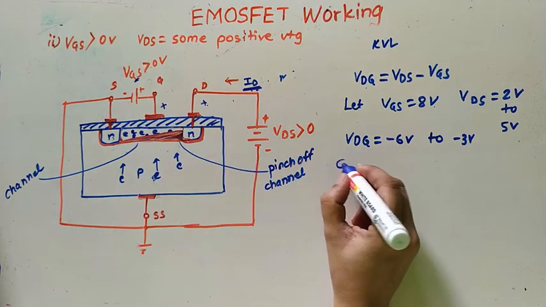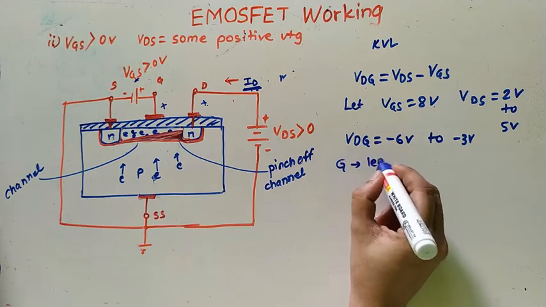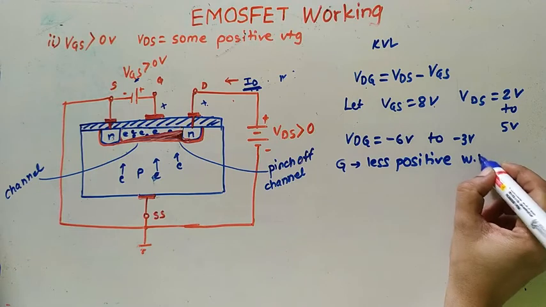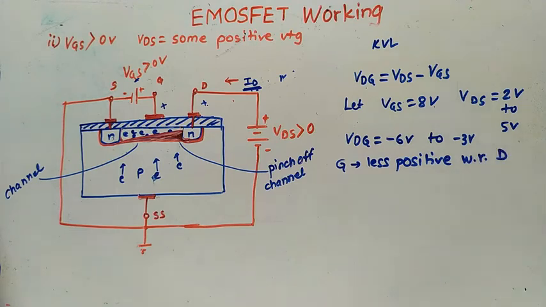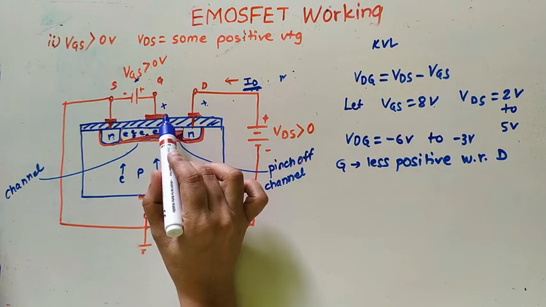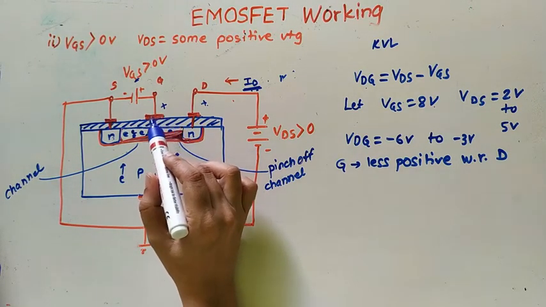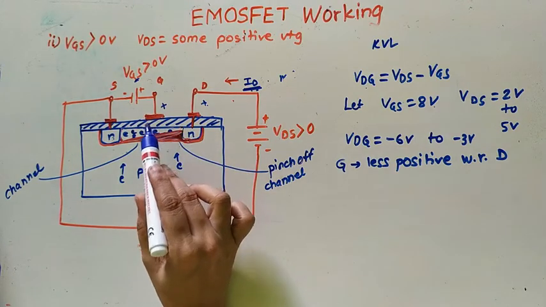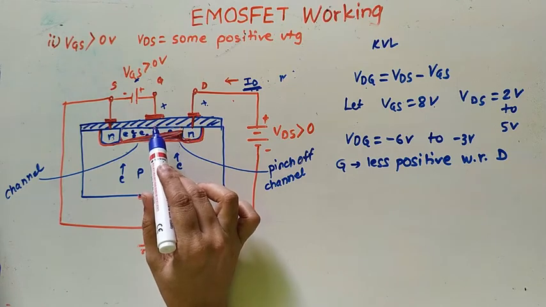So this gate is less positive with respect to the drain terminal, and due to this, the attraction forces of the gate will be reduced.